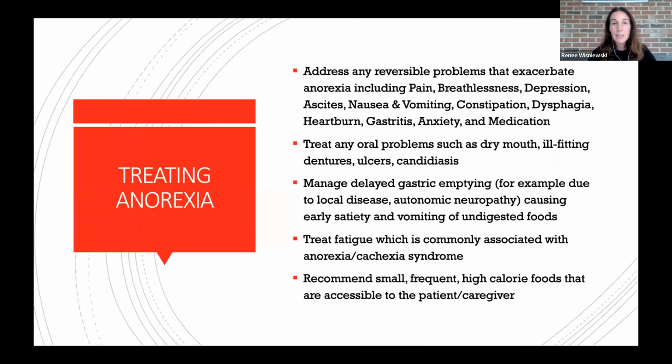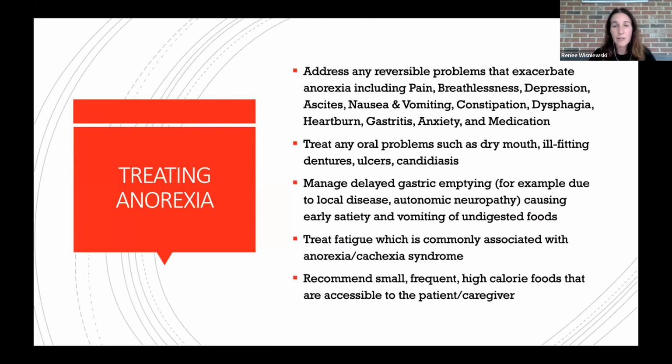Treating anorexia, which is also present, especially at later stages of chronic illnesses: address any reversible problems that exacerbate anorexia, including pain, breathlessness, depression, ascites, nausea, vomiting, constipation. So again, addressing underlying problems that are reversible. Treat any oral problems such as dry mouth, ill-fitting dentures, ulcers, thrush.